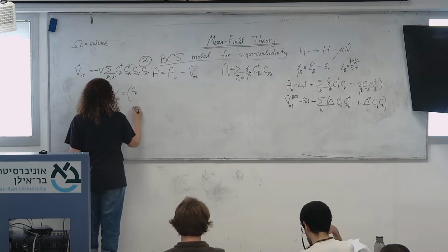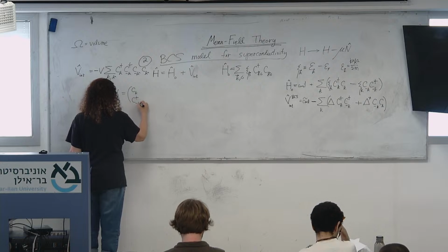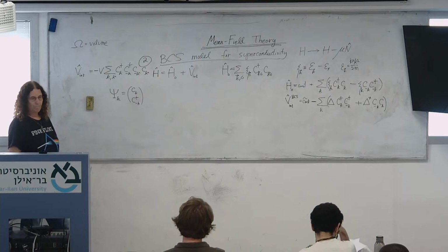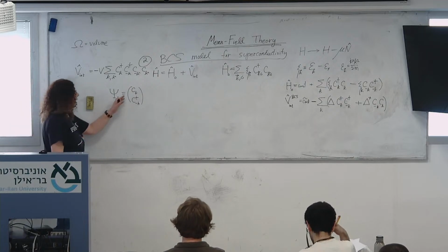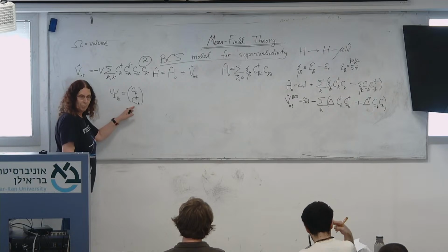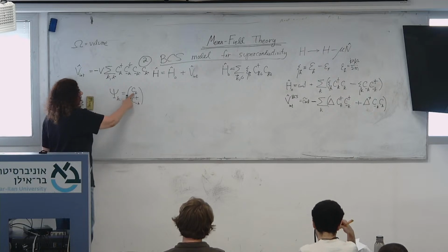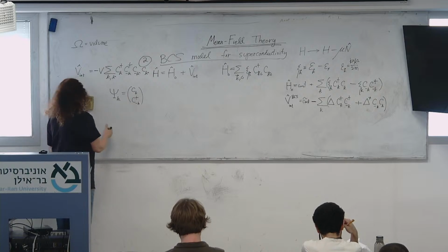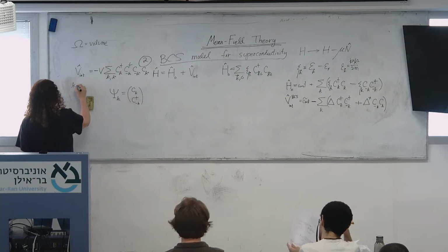It's C_k, C dagger of minus k. Okay? And it's like a spinor. Okay? Remember that what I called k and minus k are actually k vector. So I'm just writing this on the side.